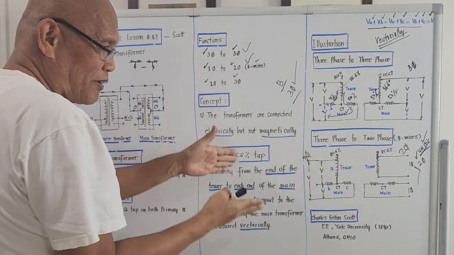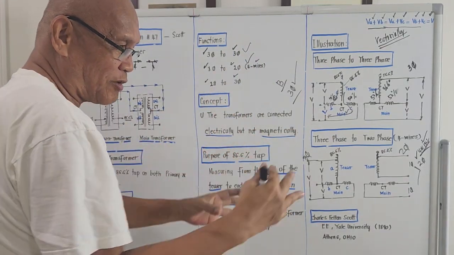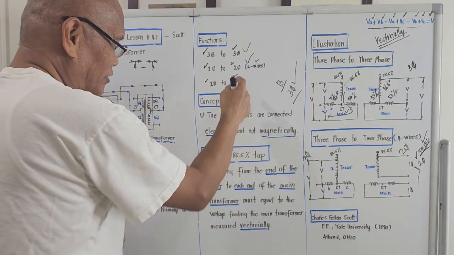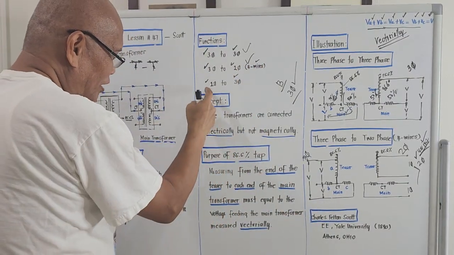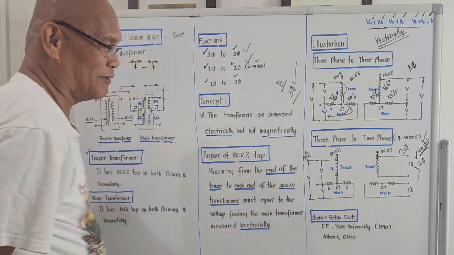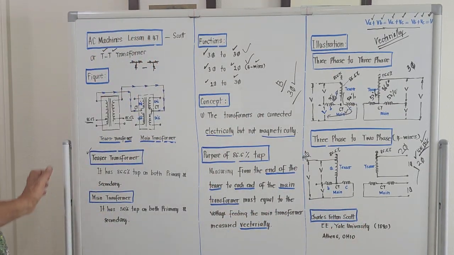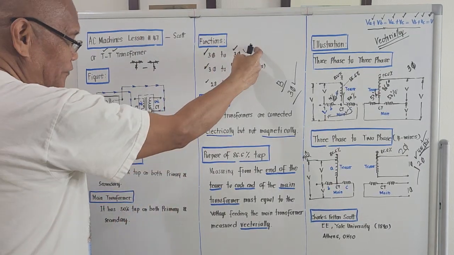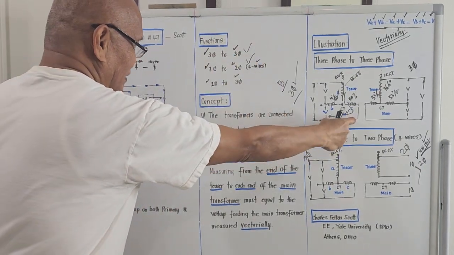Three-phase to two-phase, we just change the interconnection of the terminals, and we could obtain a two-phase. And for two-phase to three-phase, I cannot place it here, we lack spacing. So from three-phase to three-phase, this should be the connection.